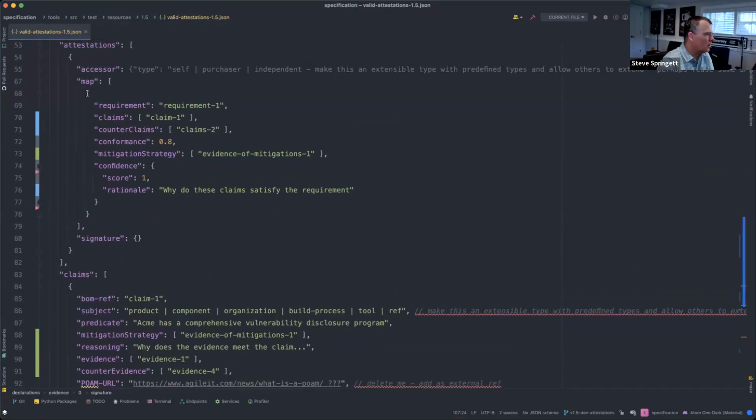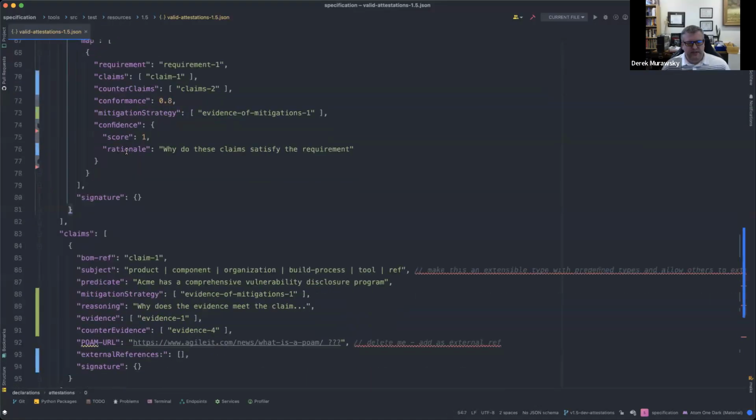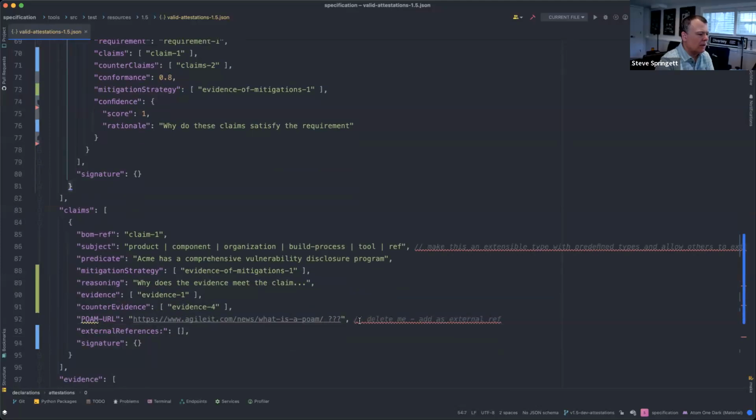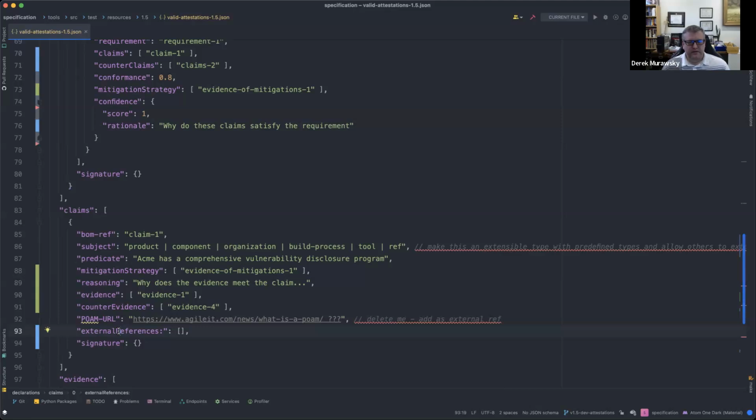Good call. And do we want to keep poem URL out? At line 90, I was going to take it out. Yeah, I'm going to take that out and add an external reference just to have it. We already have external references for attestations and evidence and stuff like that. One more external reference for poem, I'm sure it'll be useful to somebody.